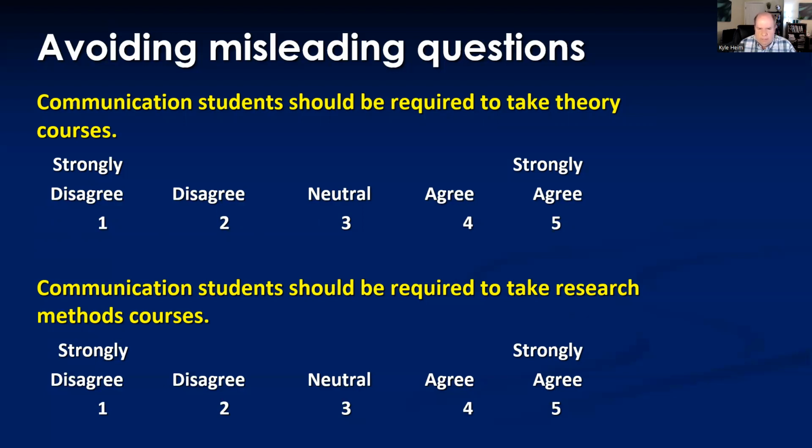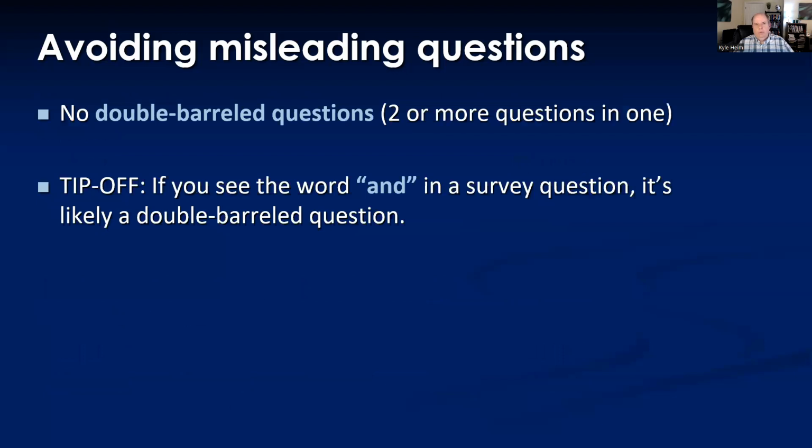It was like they kept asking me the same question over and over again. Well, there probably were some subtle differences, and they had to break out those subtle differences into separate questions, as is the case here. So it's better to have a lot of questions than it is to try to combine questions together, because then you run the risk of creating those double-barreled questions.